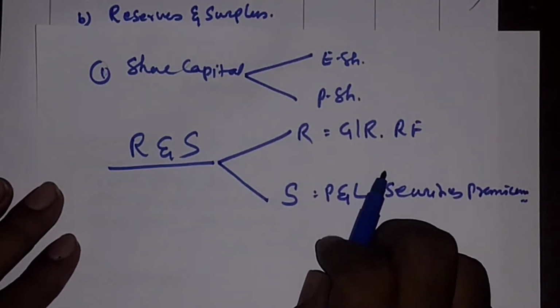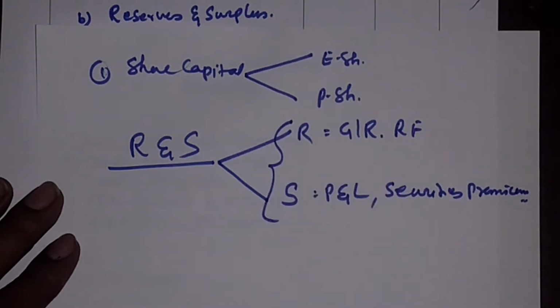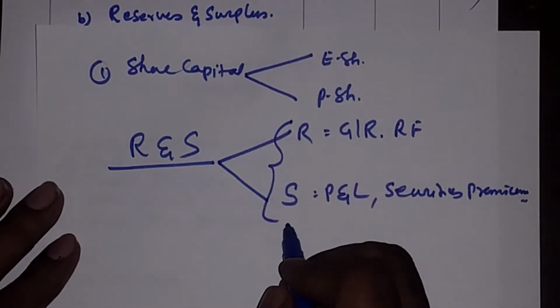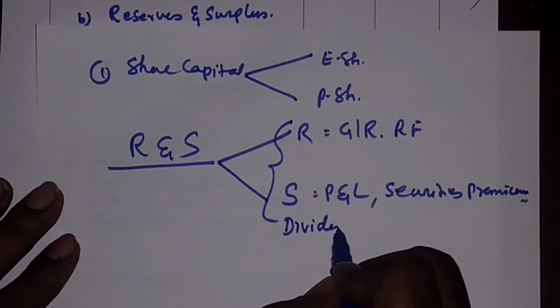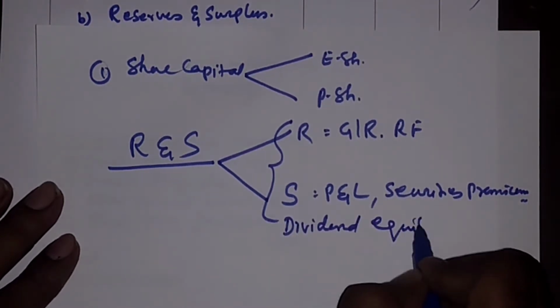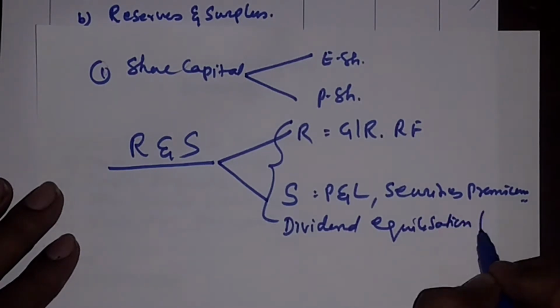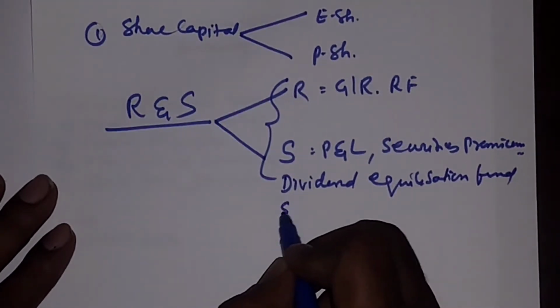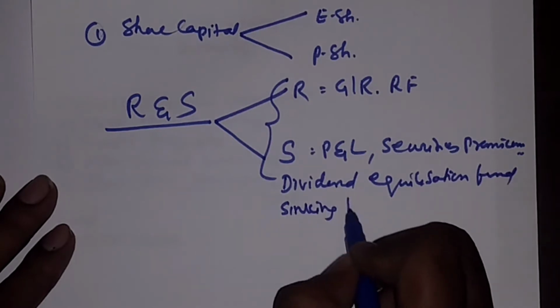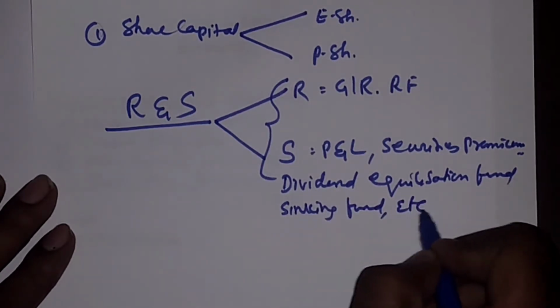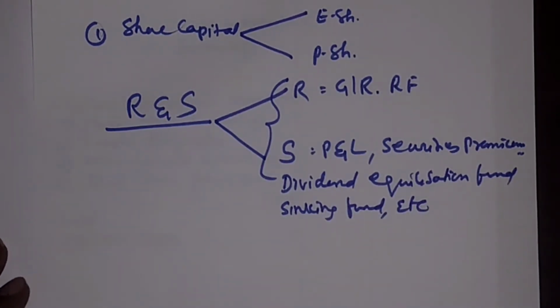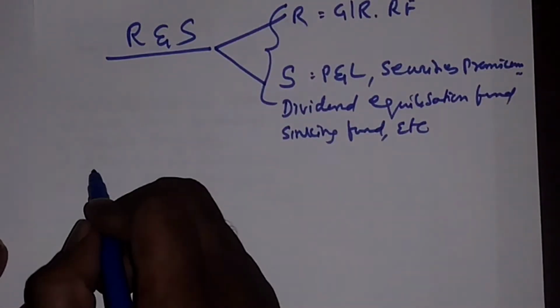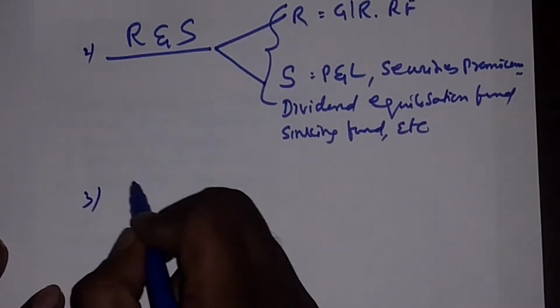Reserves and surplus joined together will include some other entries: dividend equalization fund, sinking fund, etc.